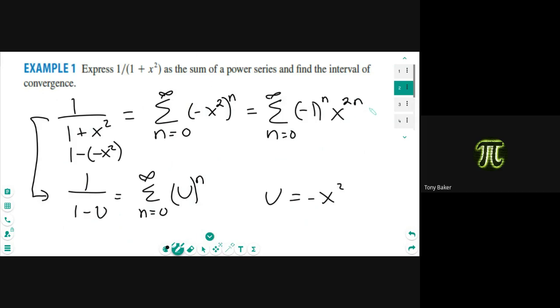Why does it become x to the 2n? When you have an exponent raised to an exponent, you multiply them. The n is distributed to each piece. Does everybody see how I went from here to here?